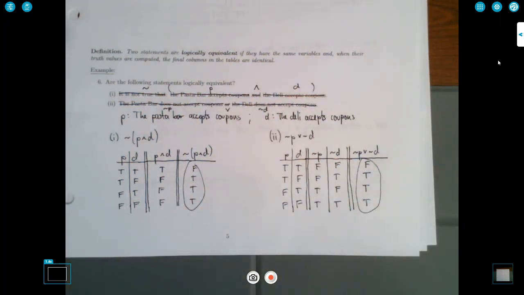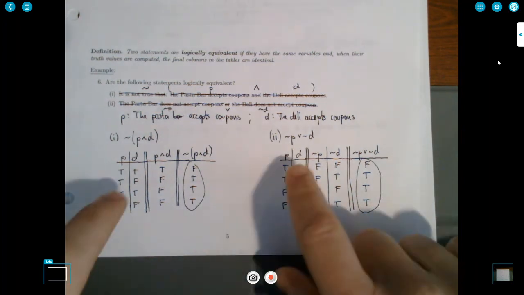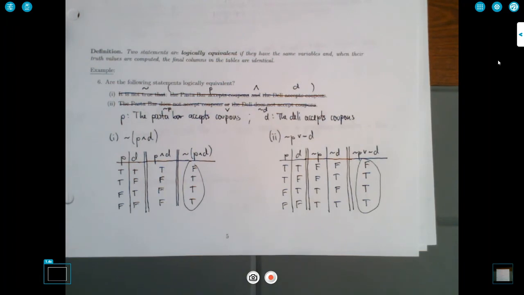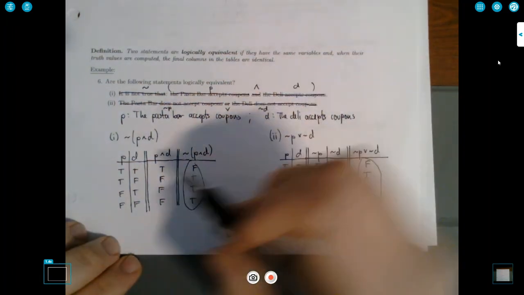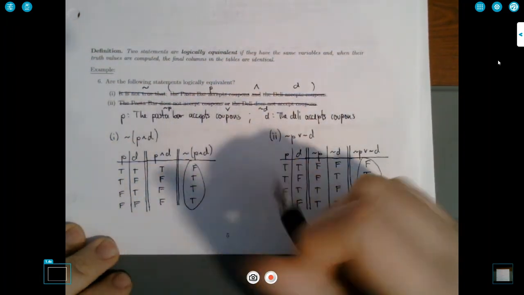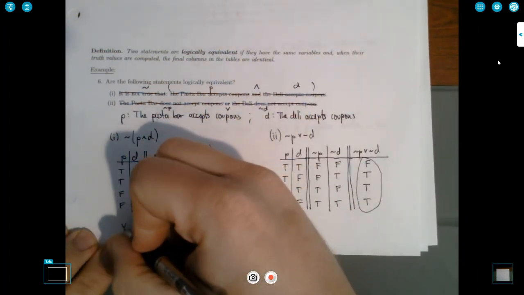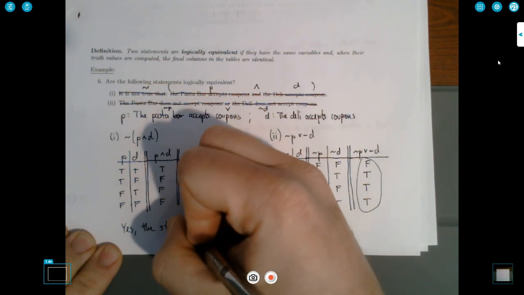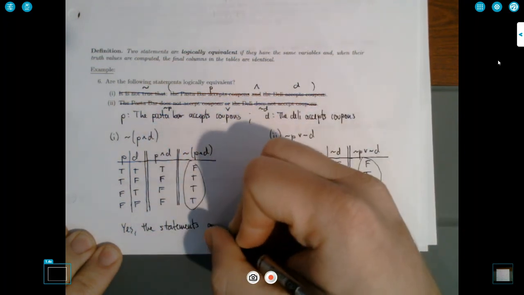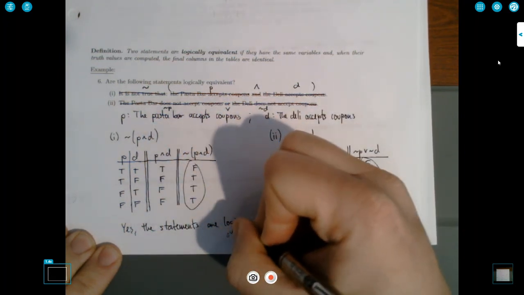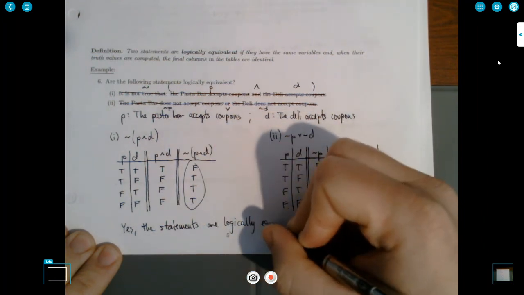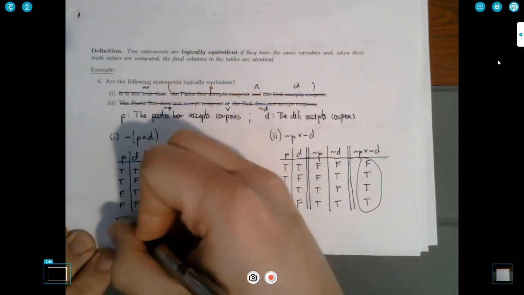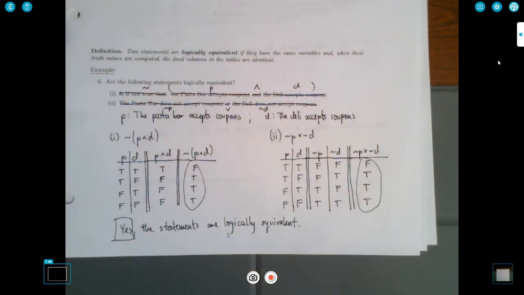They're the same, right? They're the same. And that means that these two statements are logically equivalent, right? So the question was, are the following statements logically equivalent? We would say yes. The statements are logically equivalent. Right? That's the answer to the question.